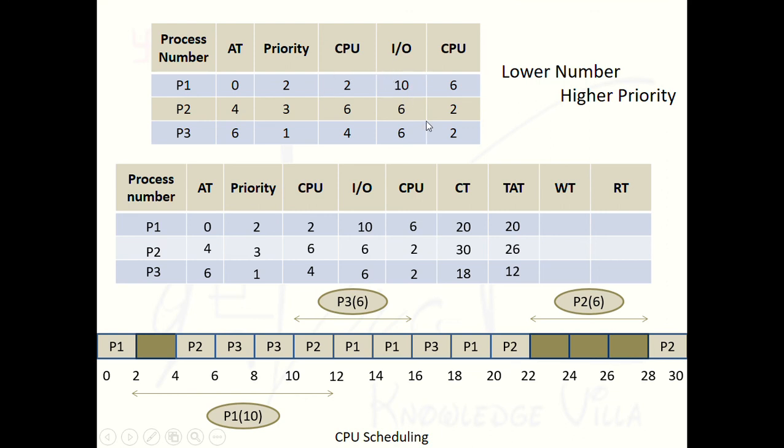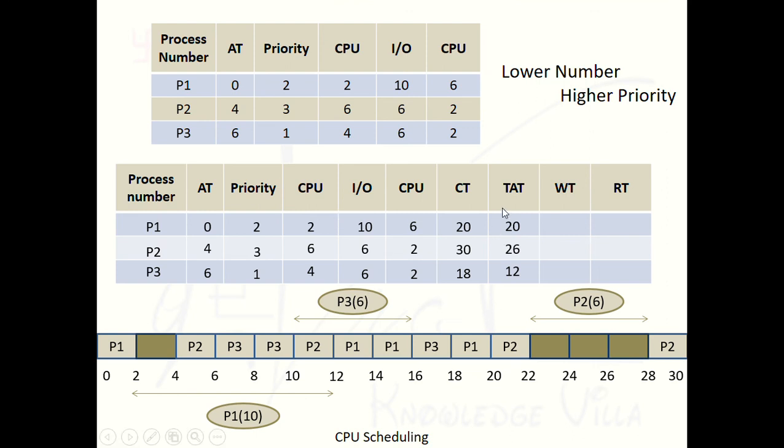So that's why we want to calculate waiting time. So all time is included in the turnaround time. So we will note down how much time the process is using the CPU. The remaining time the process would be waiting for the CPU.